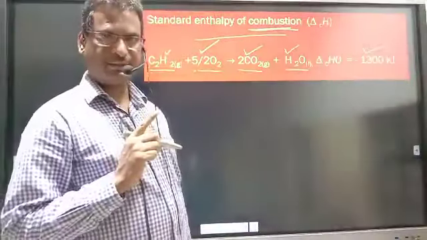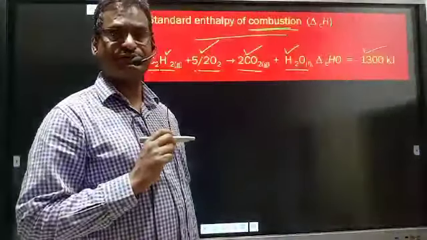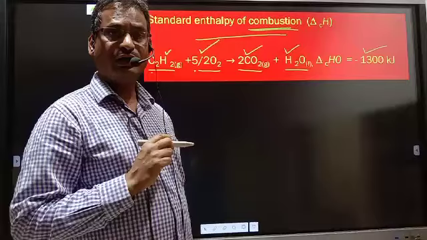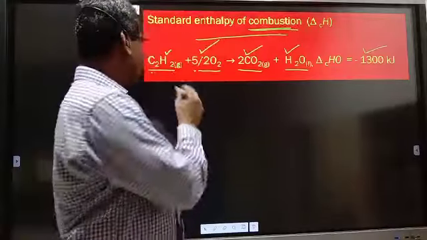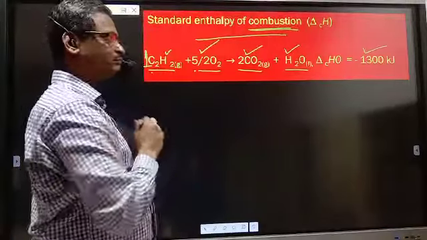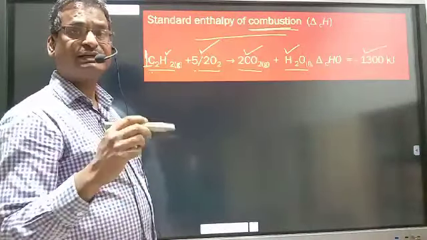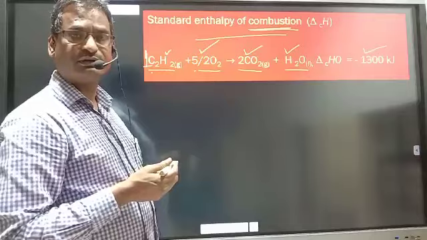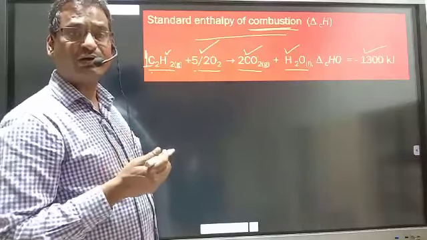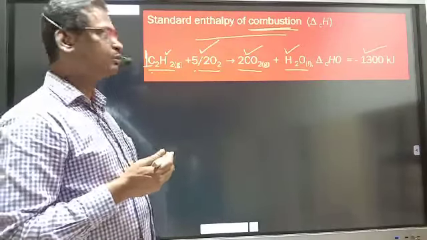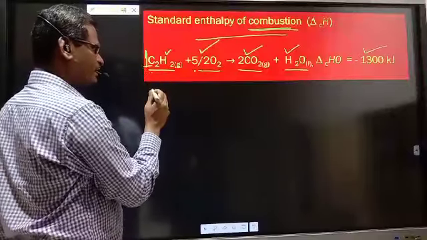It is the enthalpy change whenever how many moles of substance undergo burning? Only 1 mole. See, this reaction we can write like this.